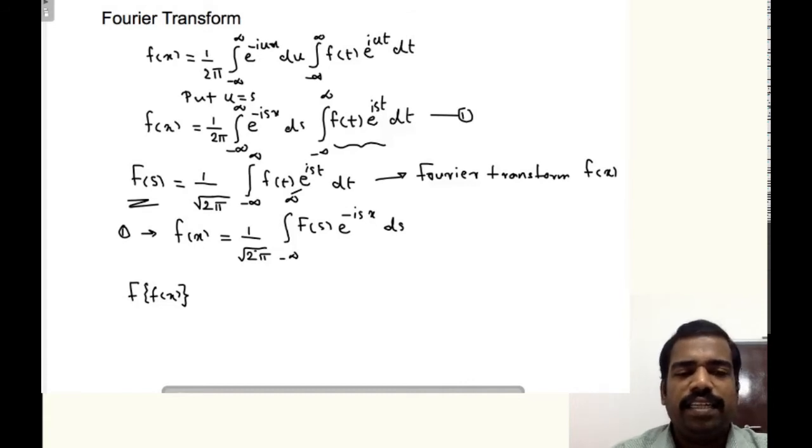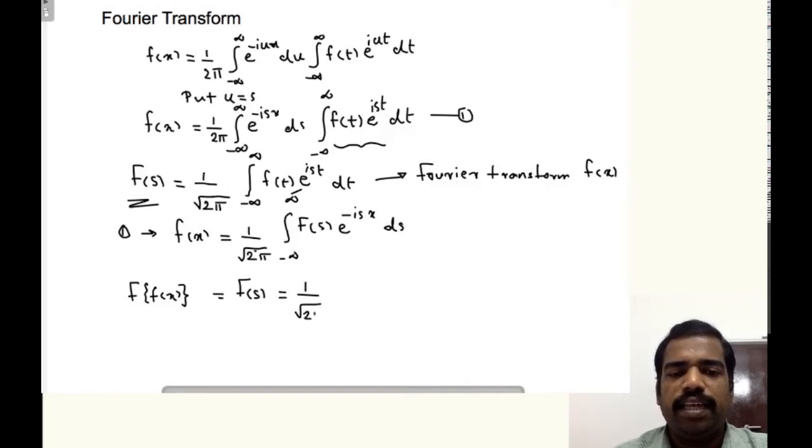Just write f of s equal to 1 by root 2 pi, integral from minus infinity to plus infinity of the function f of x multiplied by the kernel e raised to isx dx, then integrate.